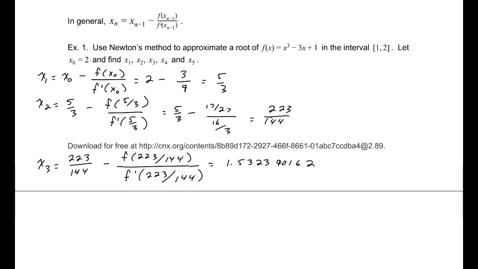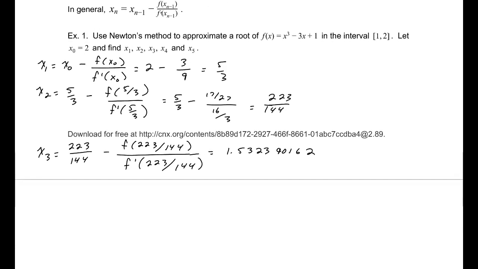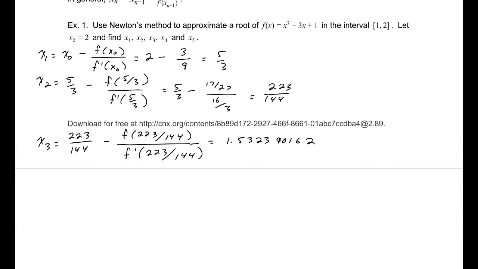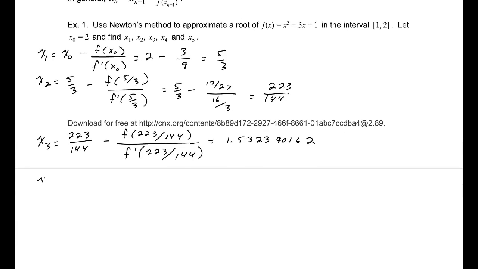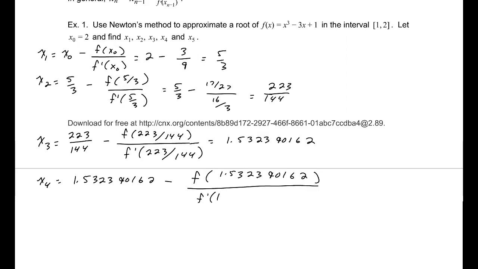Now we don't have to use all the decimal places. However, for the most accuracy, we want to use those. For x4, it's 1.532390162 minus f of 1.532390162 divided by f prime of 1.532390162.